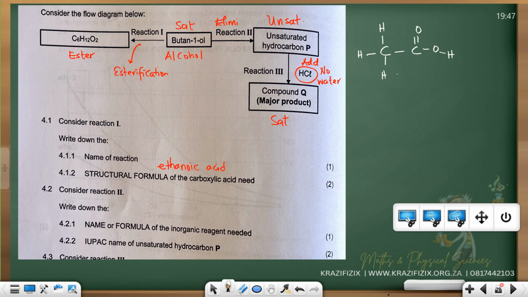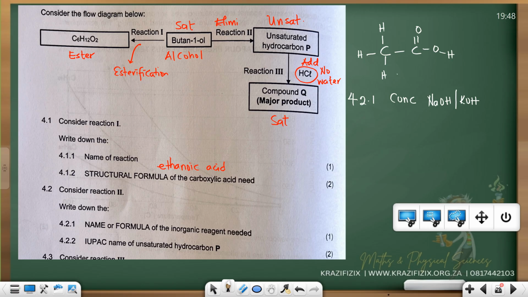Concentrated what? Strong base. NaOH. But please, if you write NaOH alone, you'll be marked wrong because they are specific now by saying it's elimination. Concentrated what? Sodium hydroxide, or you can say potassium hydroxide. Those are the 2 common ones.